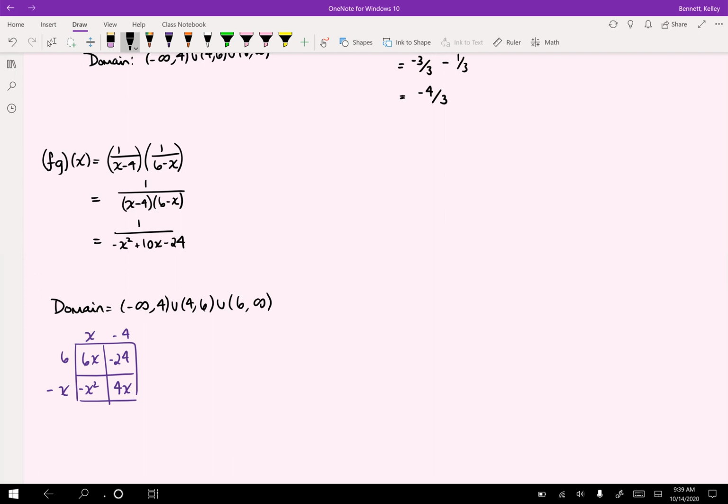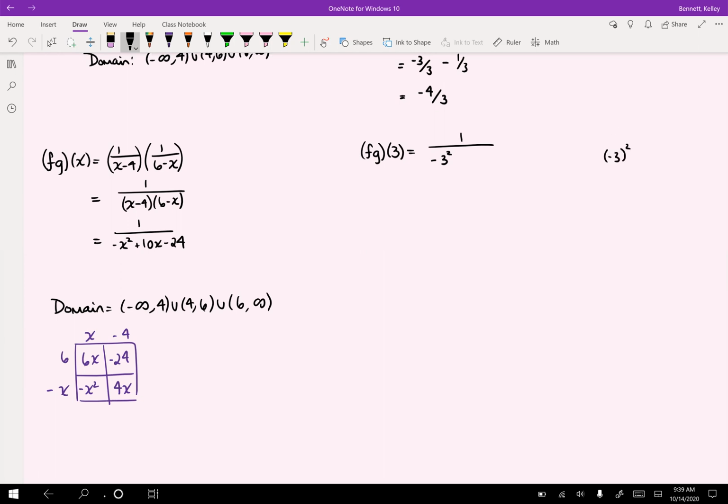So now I want to evaluate this at 3. So I have f times g evaluated at 3. And I'm going to get 1 over. Now I could keep it at x minus 4 and 6 minus x. That's fine. Or I could use the negative x squared plus 10x minus 24. Let's do that. So I have negative 3 squared. So just to be extra clear, this is not saying negative 3 squared, right?